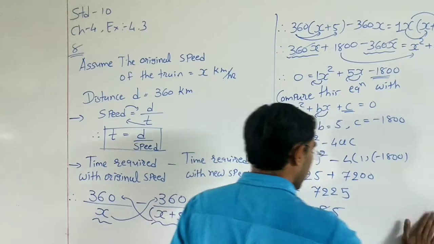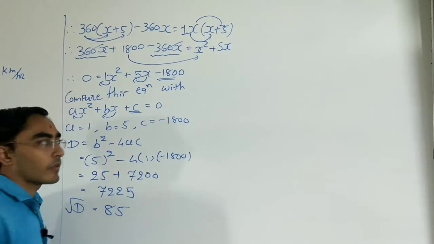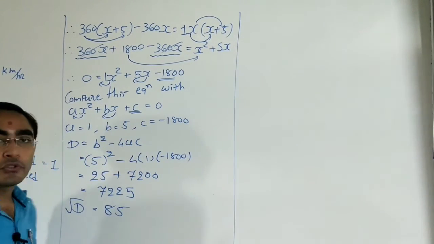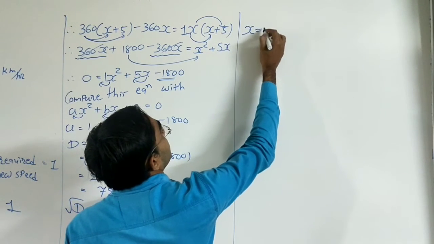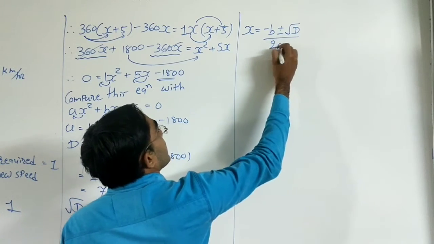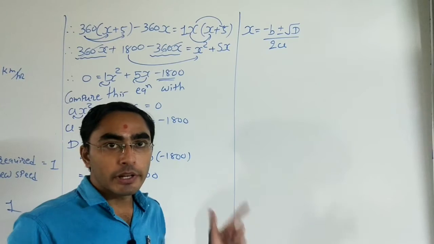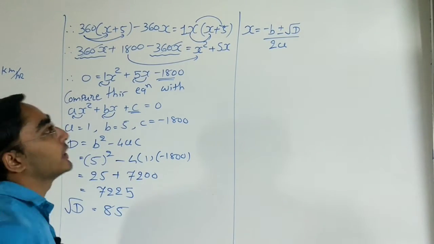We need to rub this. Okay, so under root d is equal to 85. Now we can use the quadratic formula. Right? x is equal to minus b plus or minus under root d divided by 2a. Put the value of a, b and under root d.